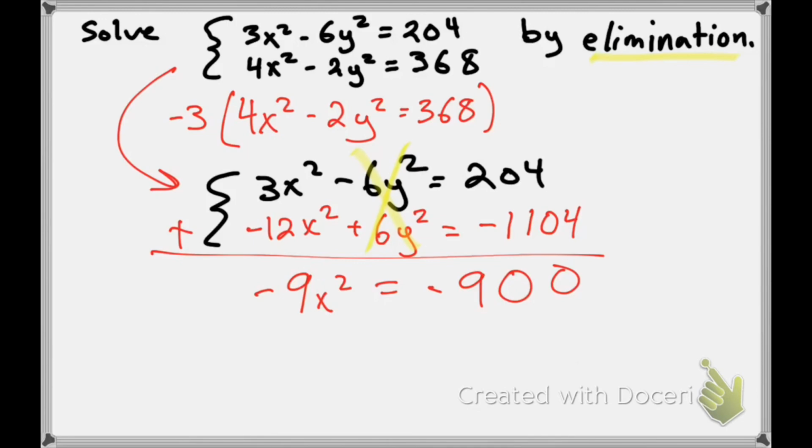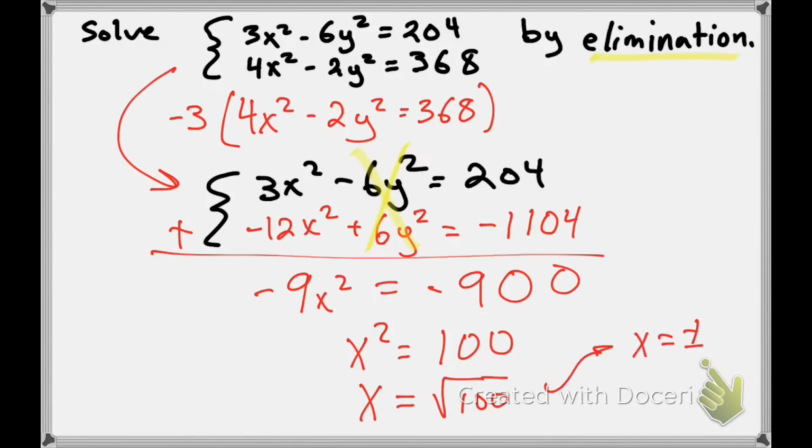Now it's just solving for x, so I divide both sides by negative 9. I get x squared is equal to 100. Take the square root of both sides, and get x is equal to plus or minus, don't forget your plus or minus, 10. So that's my solution for x.